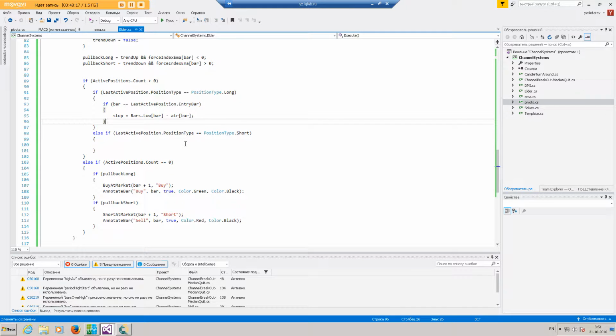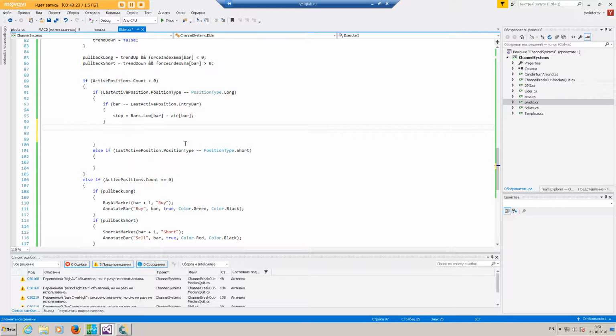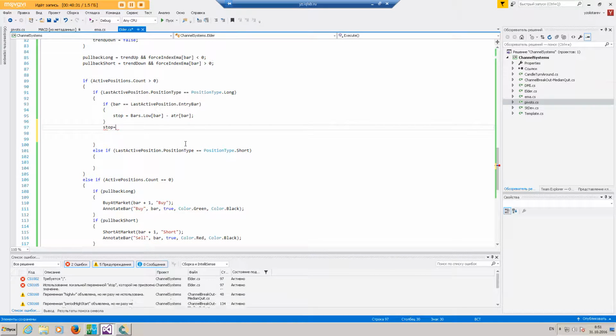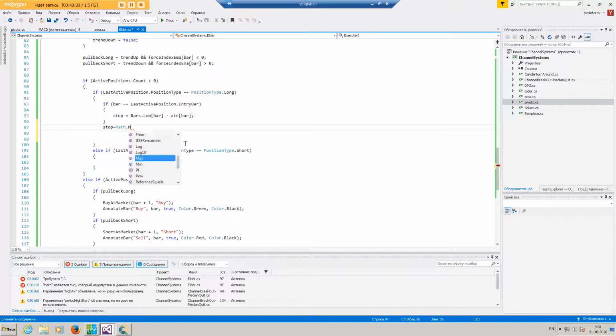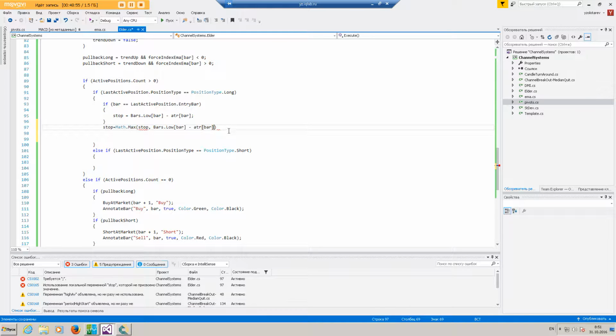And then on the next bar we're going to trail it, and that's going to be like this: stop equals math max value, and here we select two values, right? Our first value is stop that we have created, and the next value is the current situation with this, right?